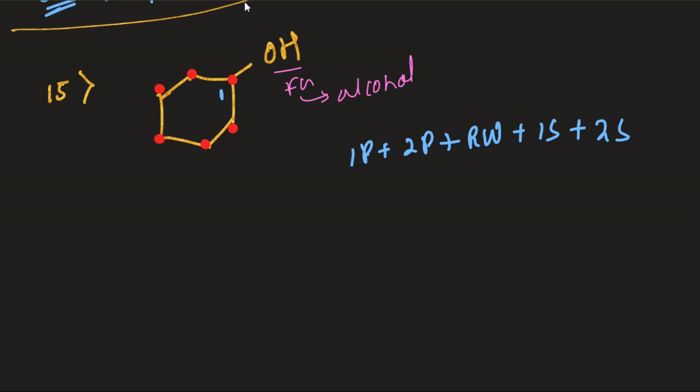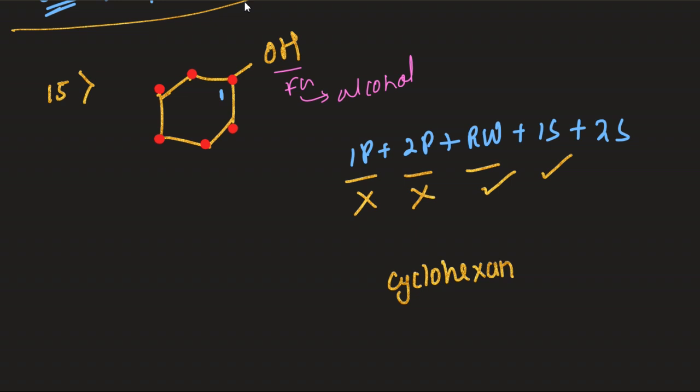Primary prefix, there is no cyclo or bicyclo. Secondary prefix, there is no substituent. Root word is cyclohex, 6-membered. Next, primary suffix is ane, so cyclohexane. Secondary suffix is alcohol, so cyclohexan-1-ol, cyclohexanol.